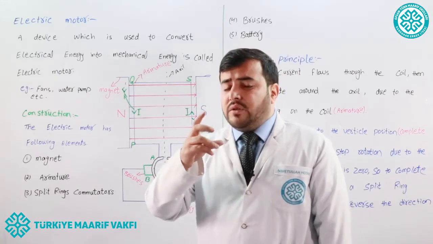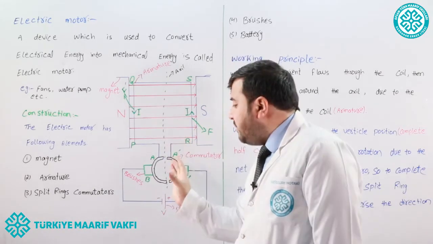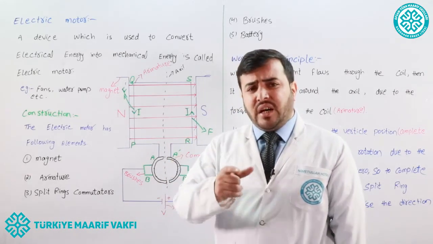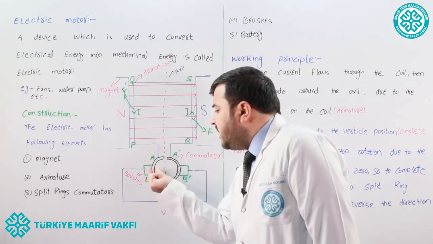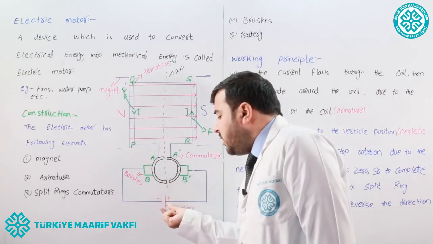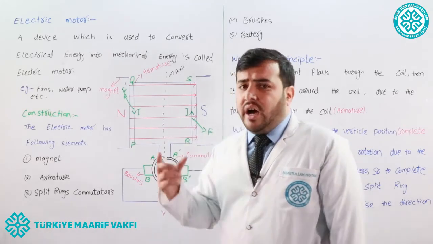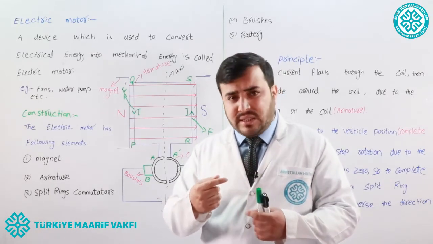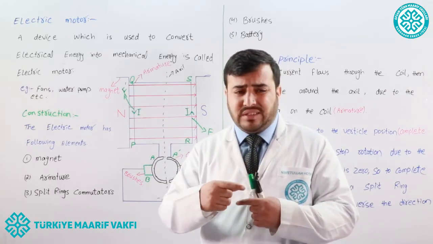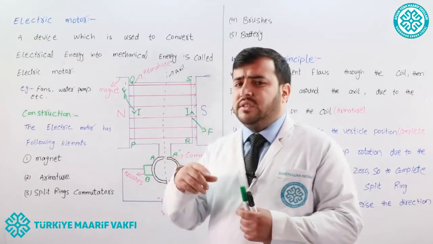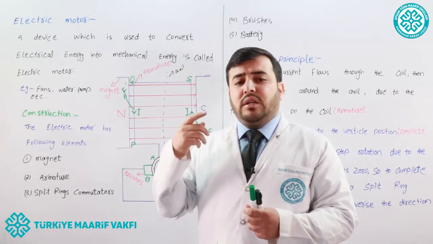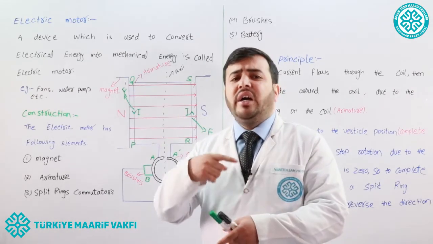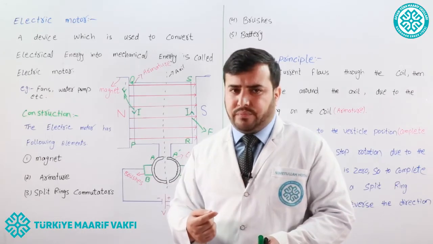So after the first half was completed when A dash was connected with the positive terminal of the battery, the second half will be completed when the split ring A comes in contact with the positive terminal of the battery, and this process occurs after each half cycle. After each half cycle, the direction of the current is reversed, and in the same way the coil will continue its rotation and complete its cycle.